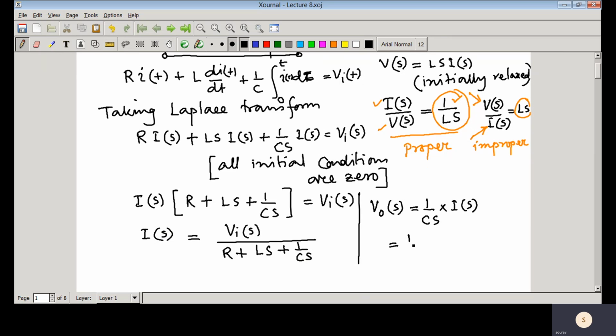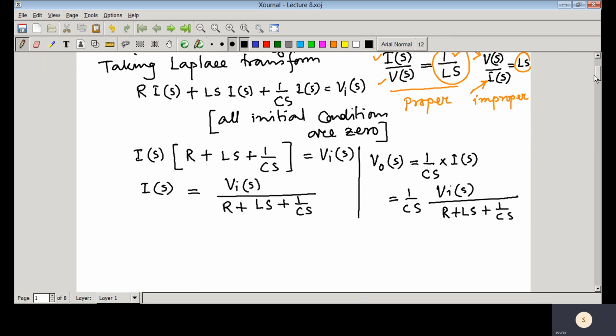So that is Vi(s) divided by R plus Ls plus 1 by Cs, times 1 by Cs. Now if you write this expression in input output form, this is your output and this one is input.